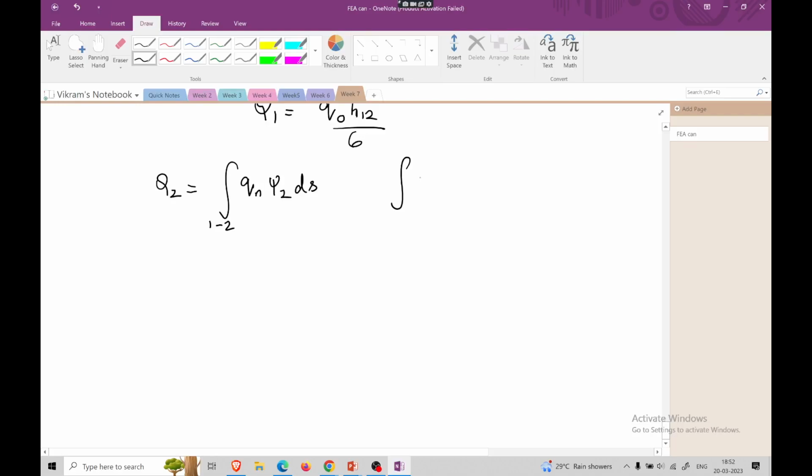So q0 by h12 square, integral 0 to h12, s1 square ds1. So this will be q0 by h12 square into h12 cube by 3, which is q0 into h12 by 3.